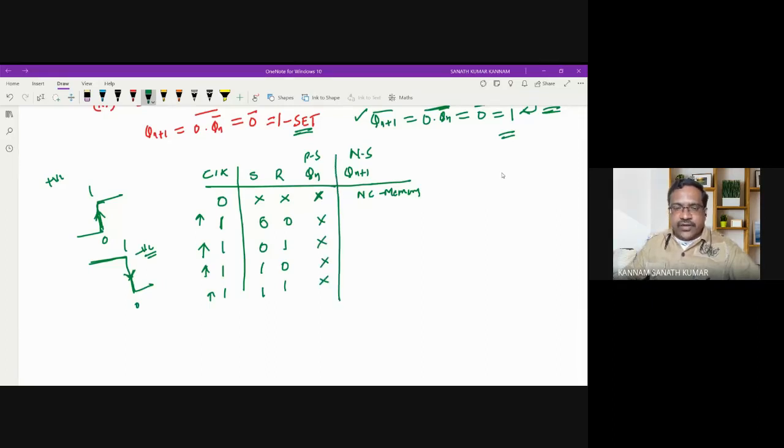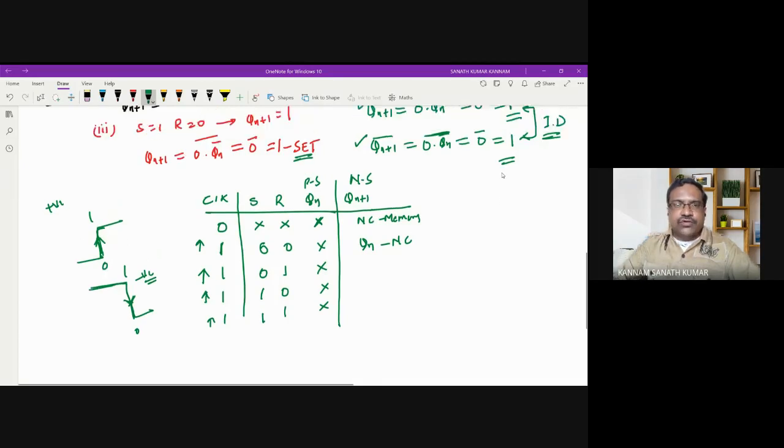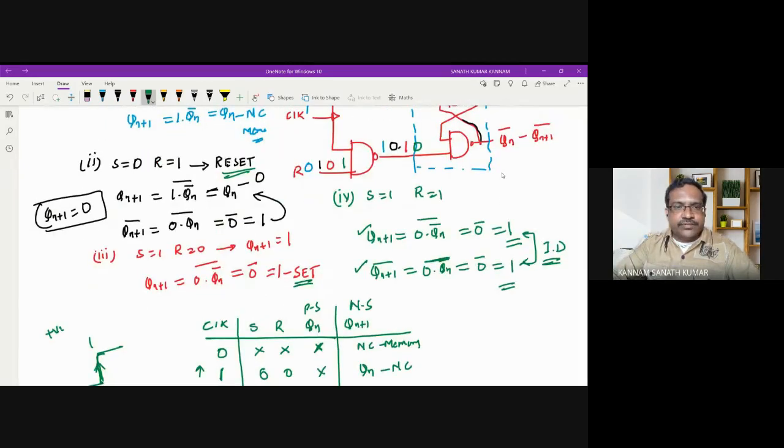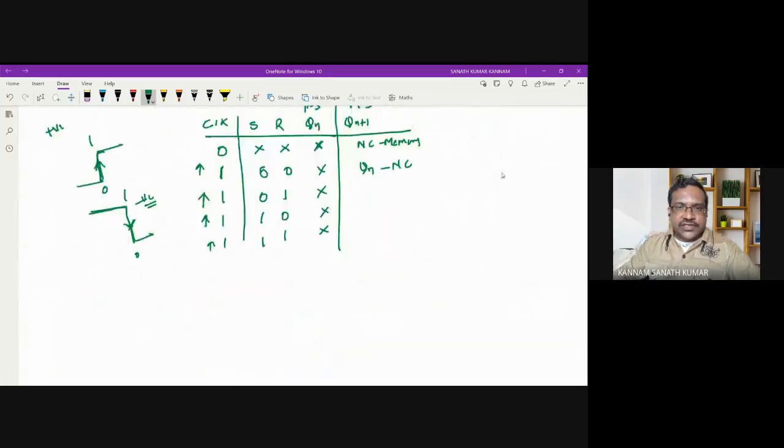When S is 0 and R is 0, what you got? Memory, that means the Qn itself, no change or memory. And when S equal to 0 and R equal to 1, you got reset state. When S equal to 1 and R equal to 0, you got set state.